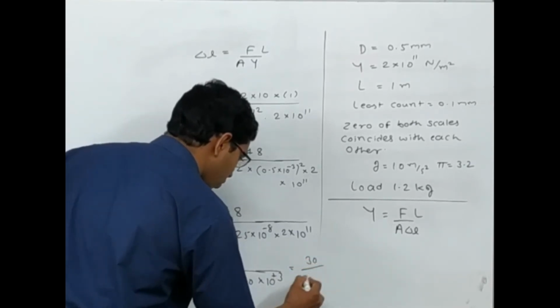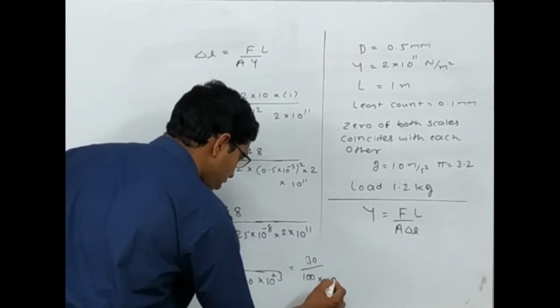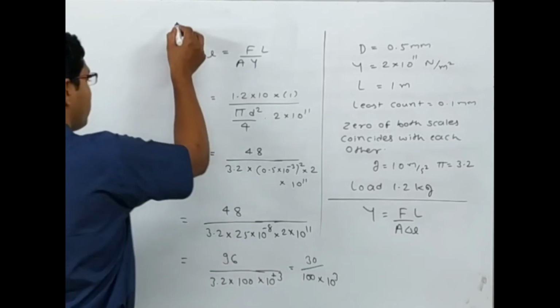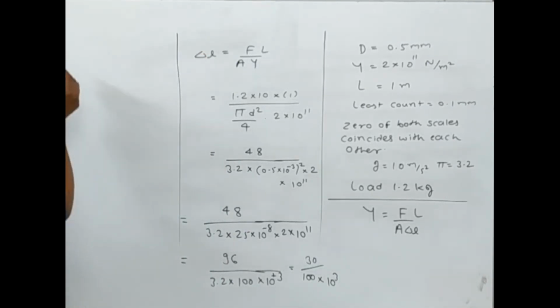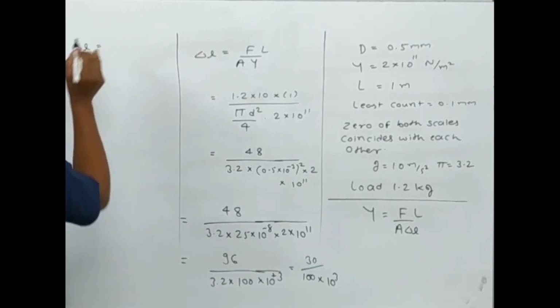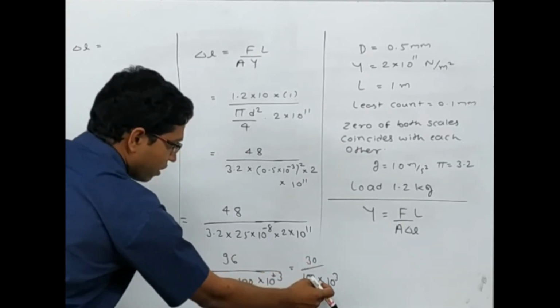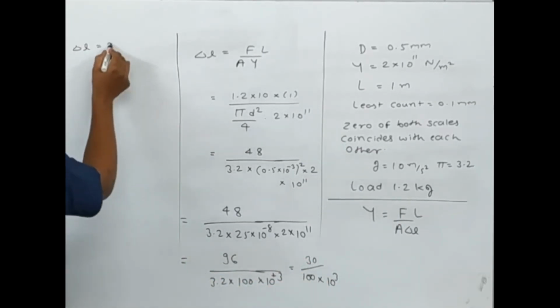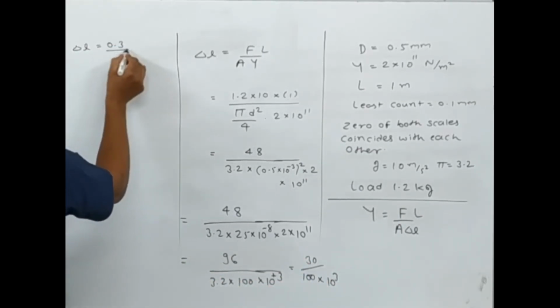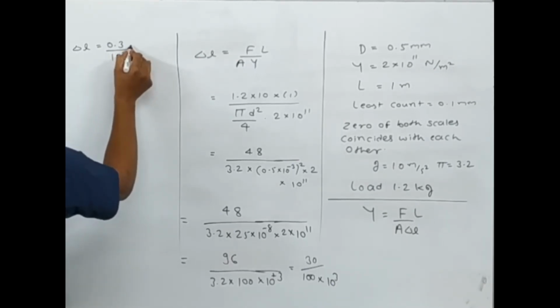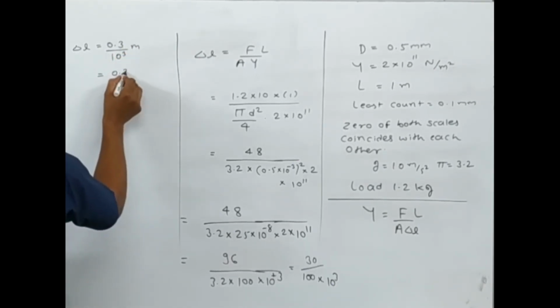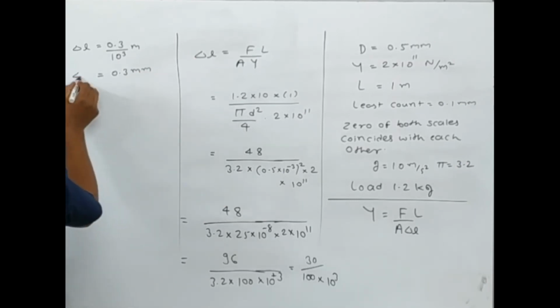So 30 upon 100 into 10 raised to plus 3. So if you solve it further, this delta L is equal to 30 upon 100 into 10 raised to 3. So 0.3 upon 10 raised to 3. This is in meter. So if I convert it into millimeter, this is what is going to be delta L.